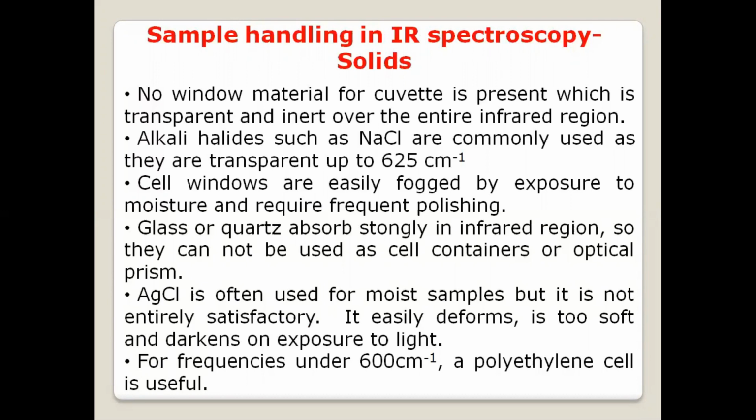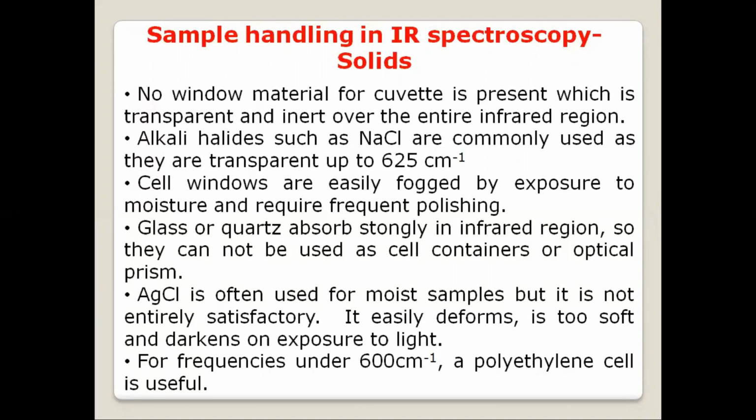Another one is the cuvette or the sample cell should be made up of a material which is IR transparent, or which doesn't show any IR absorption in the IR range. No window material for a cuvette is present which is transparent and inert over the entire infrared region. Alkali halides such as sodium chloride are commonly used as they are transparent up to 625 per centimeter.